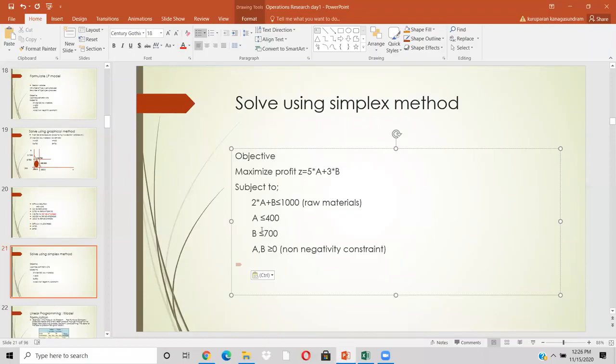For the simplex method, should the constraints be inequalities or equalities, unequal constraints or equal constraints?